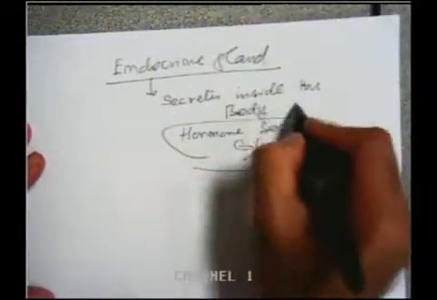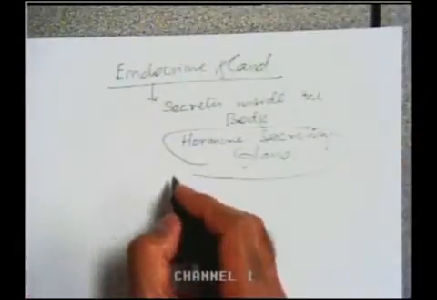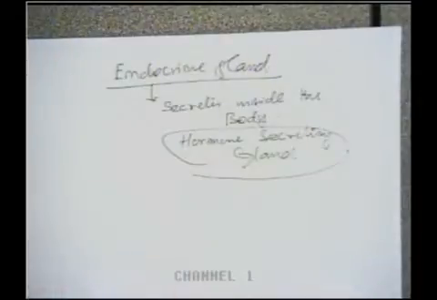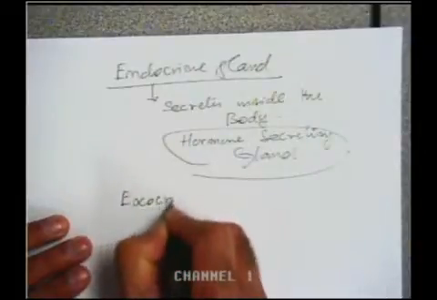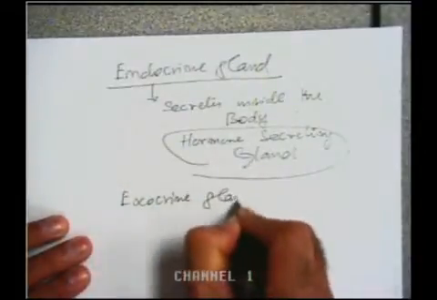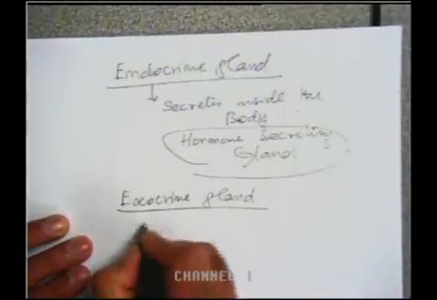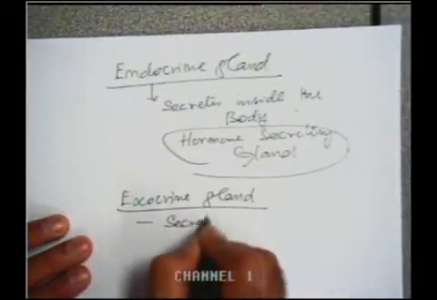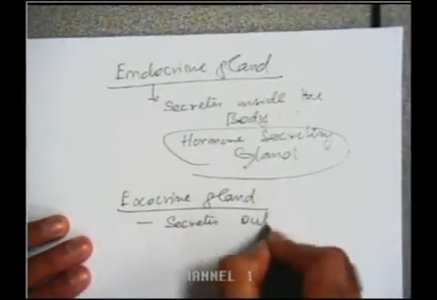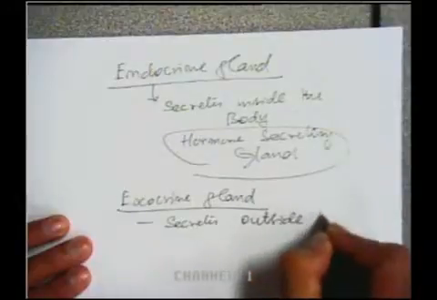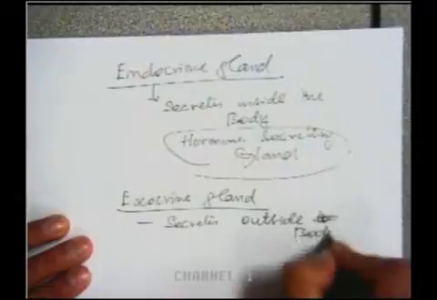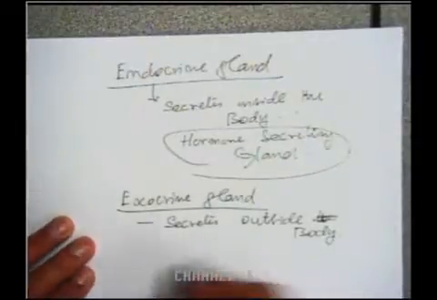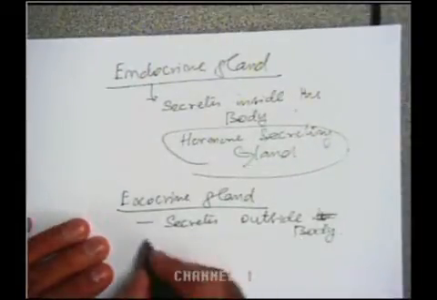They secrete directly into the body or to the cell. The other one we have to remember is the exocrine gland. What is an exocrine gland? It secretes outside the body, meaning not directly into the bloodstream, but into the lumen.